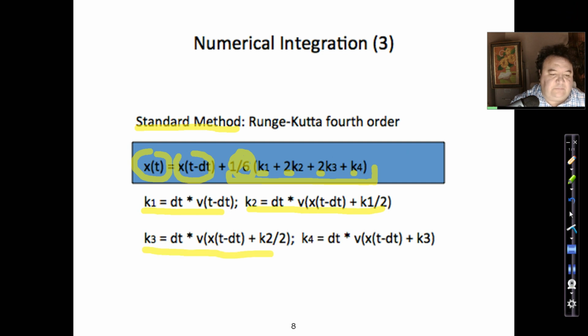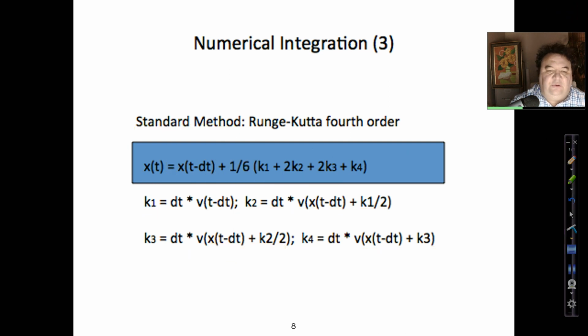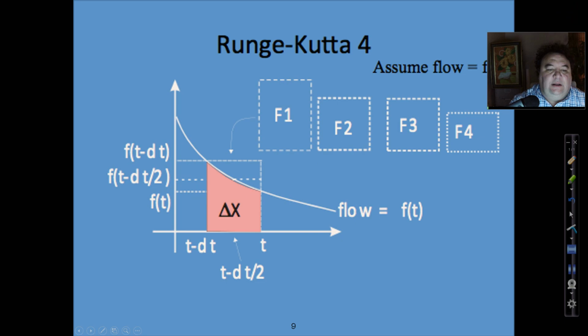and so you see vector of x at t minus dt plus a certain term, and so on and so forth. Now, when we apply this type of formula, we have an even better approximation of the integral underneath this curve, and you see how this is getting more and more accurate compared to the previous terms.